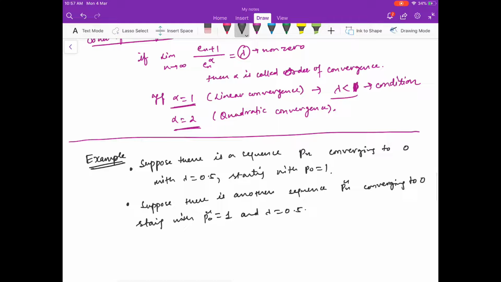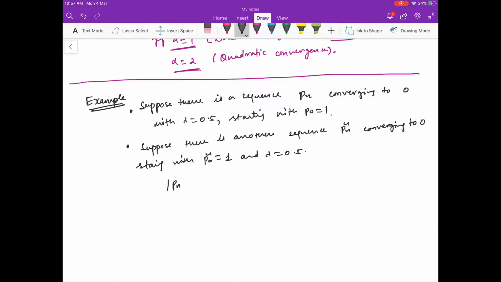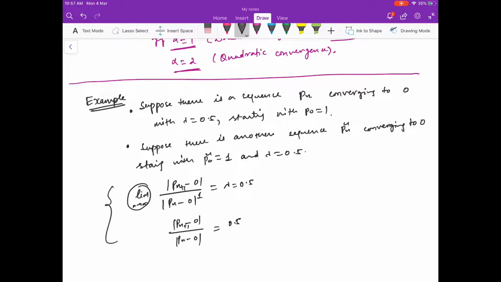The first sequence: because it is converging to 0, Pn plus 1 minus 0 upon Pn minus 0 is equal to lambda, which is 0.5. This is in the limiting case, but let us approximately write it. This is by the definition of order of convergence.